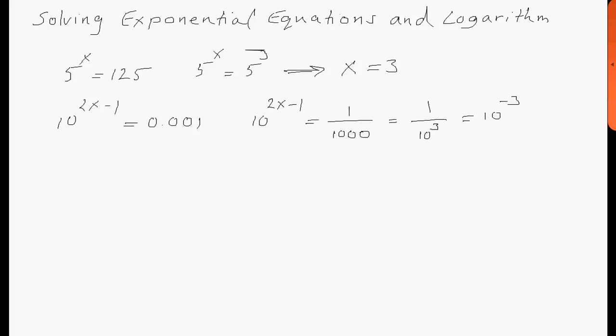So now we have the same base 10 on this side and base 10 on the other side, and for the equality to hold, the two exponents have to be the same.